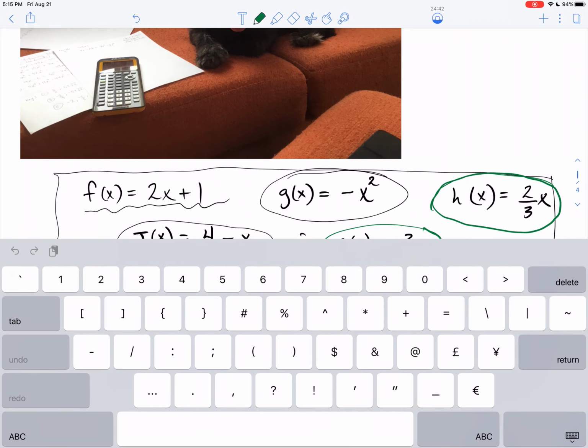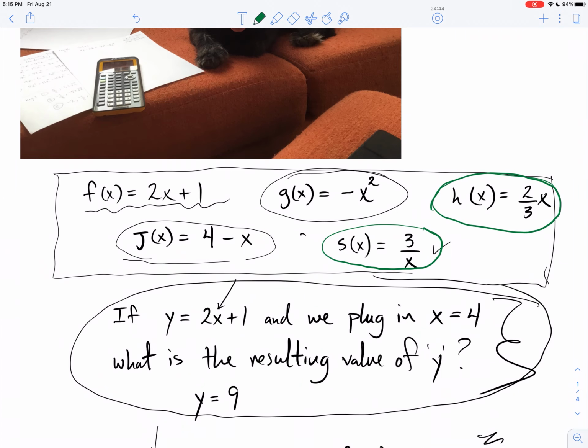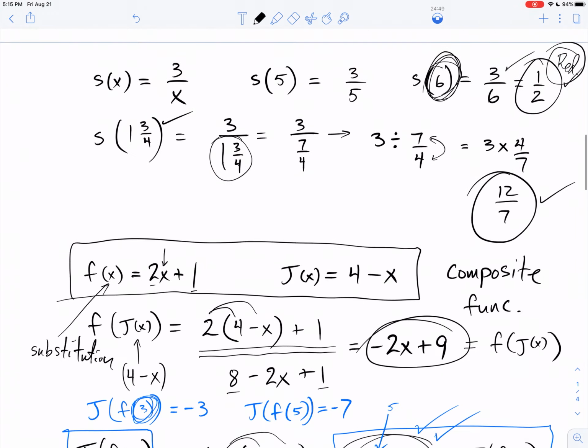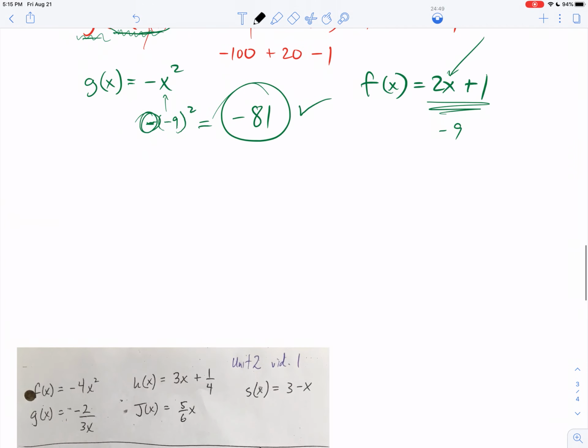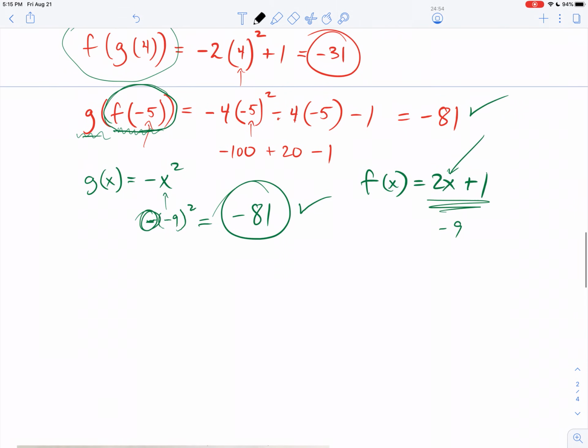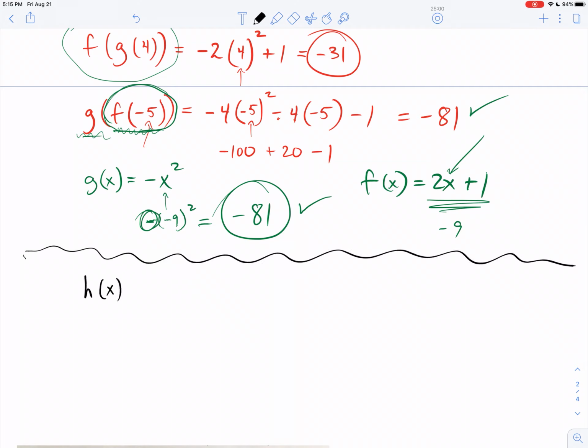Sometimes I hit buttons on this. I don't know what I'm doing. So here we go. H of x and s of x. We're going to do an h of x, which is, and s of x, which is this, I believe.